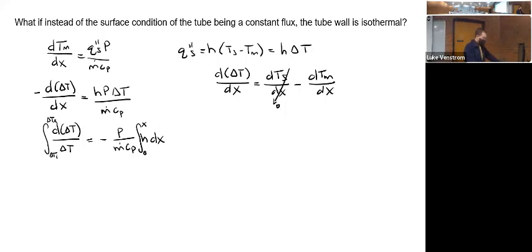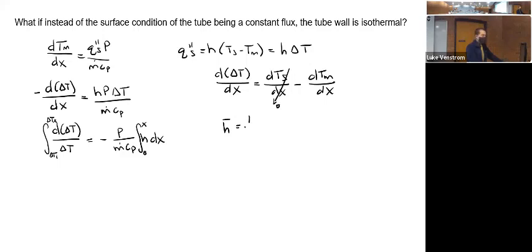And this integral of h dx, does it remind you of anything that we did before? We saw this before, right? When we integrated all the heat transfer up over a plate surface in an external flow. And we used it to define something. Do you remember what the definition of h bar was?